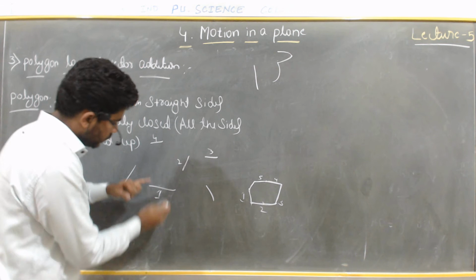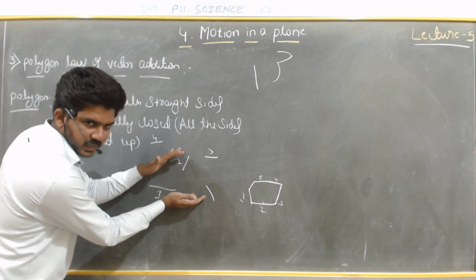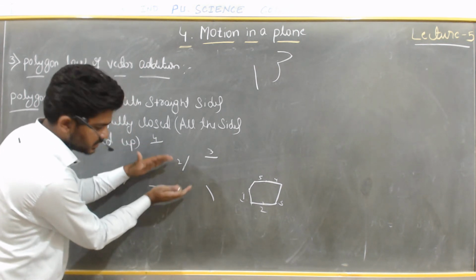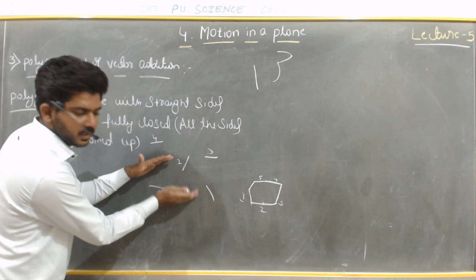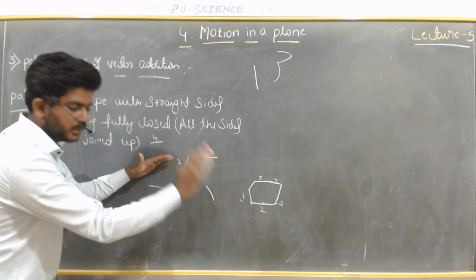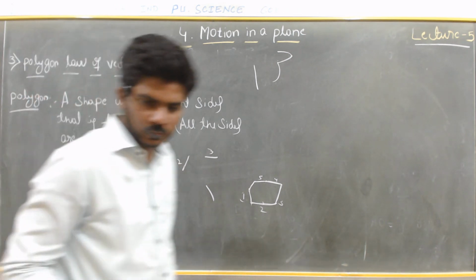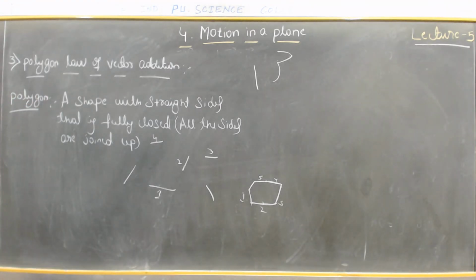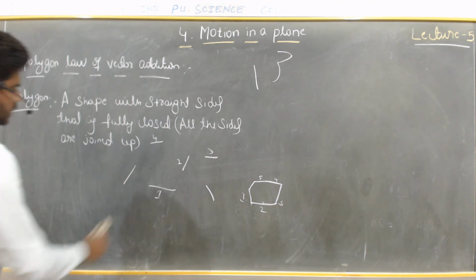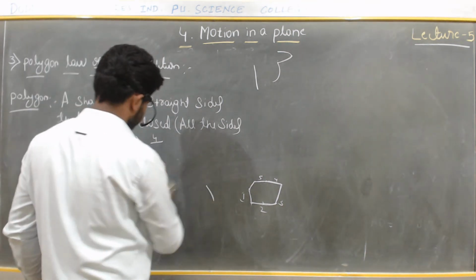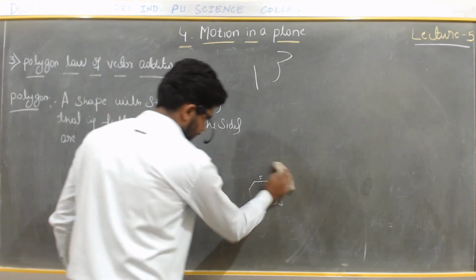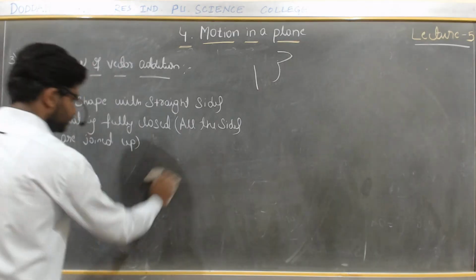In the same way, we have to take many vectors, right? Many vectors that should be closed. It means all those vectors are closed, right? So in that manner, we are going to discuss the polygon law of vector addition. In that one, we will take many vectors, not only 2, many vectors we can take, right?